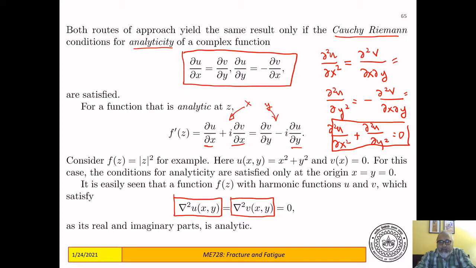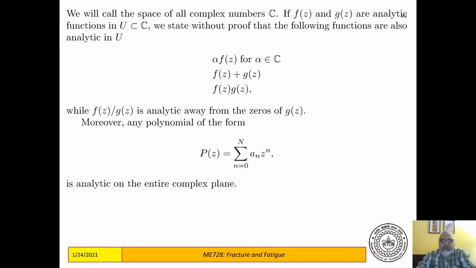Okay, there's one more relation, but before that, let us get some notations in place. So we will denote the space of all complex numbers C. C is a big bag which contains all the infinite kinds of complex numbers that we can have.